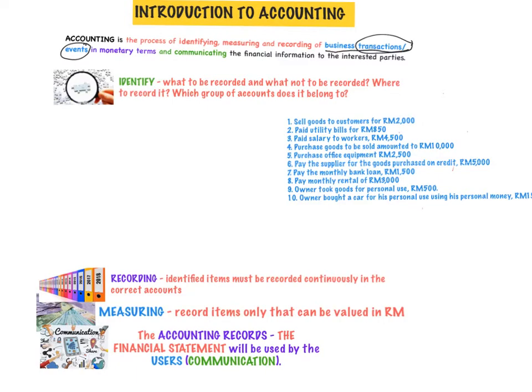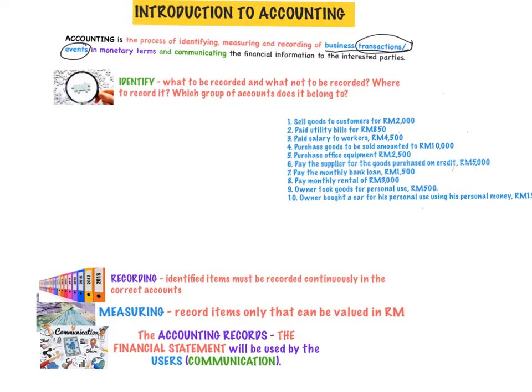Referring to these business transactions, let's see which has to be recorded and which is not. The rule of thumb is that if it involves the business, and you do it for the purpose of the business, then the transaction has to be recorded in the books of the business.